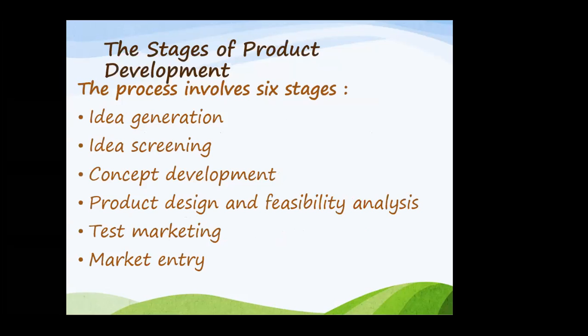The stages of the product development process are as follows. The first stage is idea generation, followed by idea screening, concept development, product design and feasibility analysis, test marketing, and lastly, market entry.